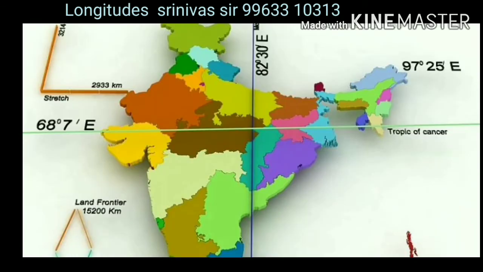To avoid confusion of time difference along the longitudes, 82 degrees 30 minutes east longitude is considered the standard meridian of India. That means IST, Indian Standard Time. Therefore, all the places in India have the same time.